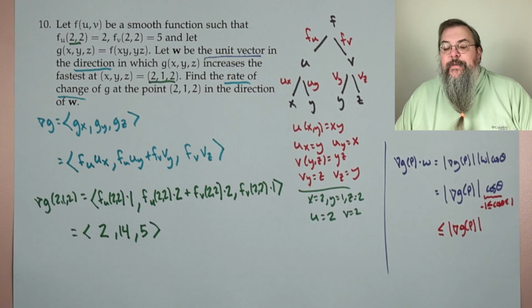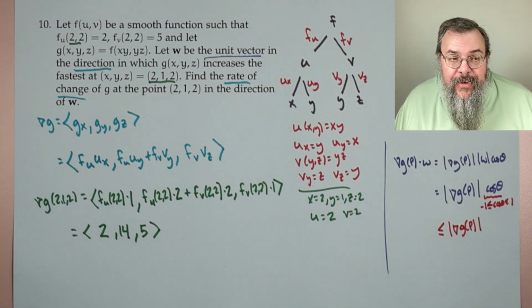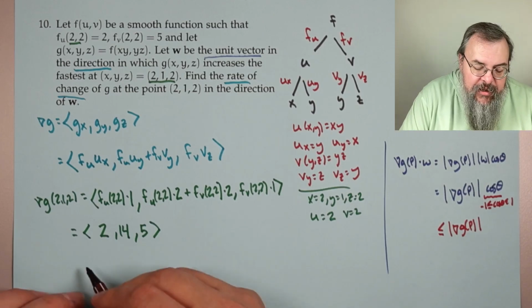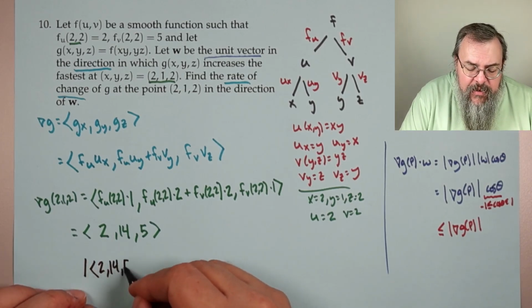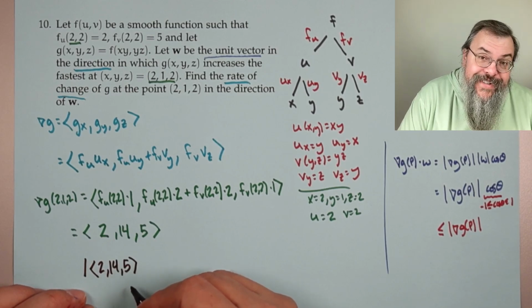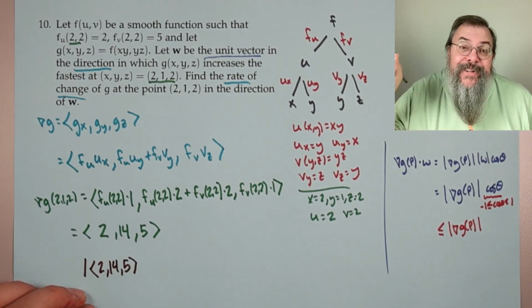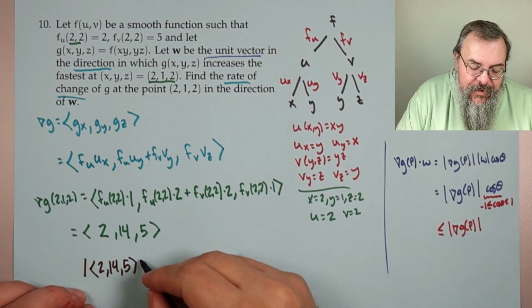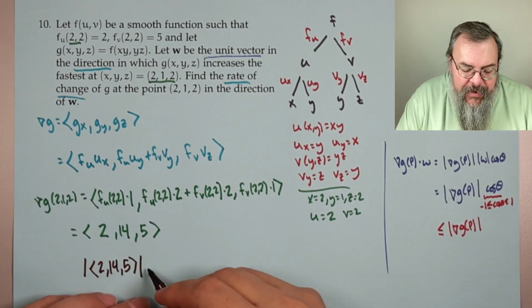So, we're almost done. The last thing for us to do is to take the magnitude. Now, you might say, have we talked about this? We will. This problem gets a little bit ahead, just a little bit. We're about to talk about this. But I promise you, we will talk about it.